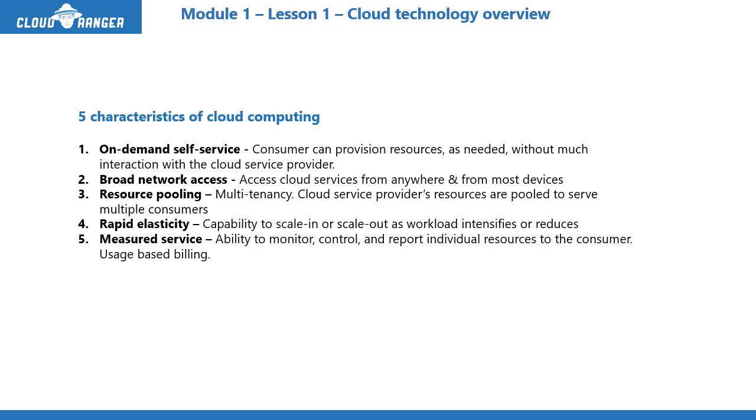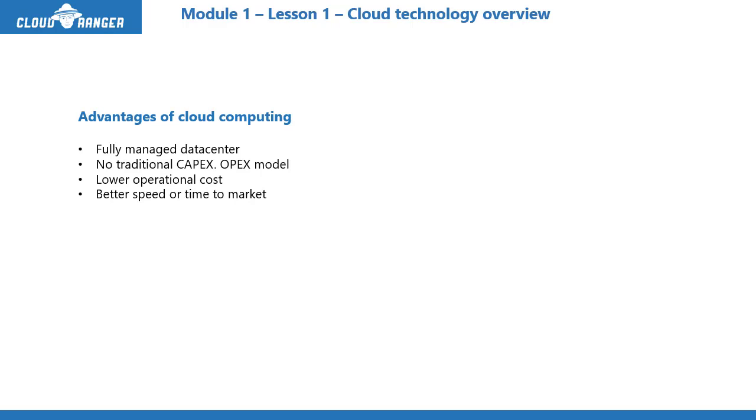Okay, so without getting too in depth over here, those are the five characteristics that make it cloud computing. Now, what are the advantages of cloud computing? I could actually list way more here, but these are the four I thought were the most important. First, it's a fully managed data center. It's not a data center of your own. We had that concept before, but right now we're talking about a fully managed data center.